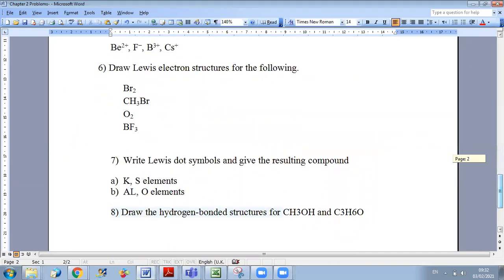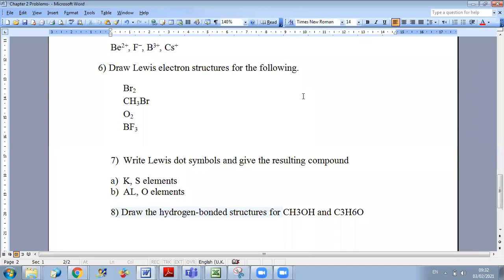Problem 6. Draw the Lewis electron structure for the following molecules. First, we want to draw the Lewis structure for Br2. Whenever I want to draw the Lewis structure for a molecule, I should first determine the number of valence electrons.